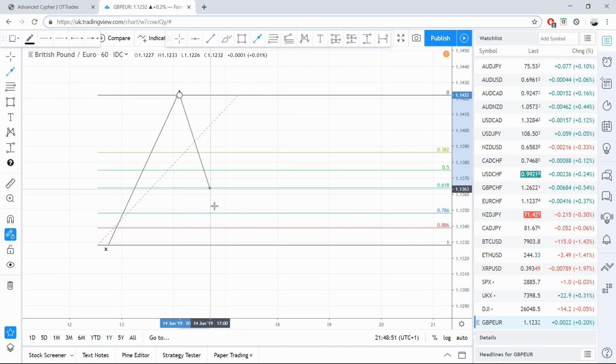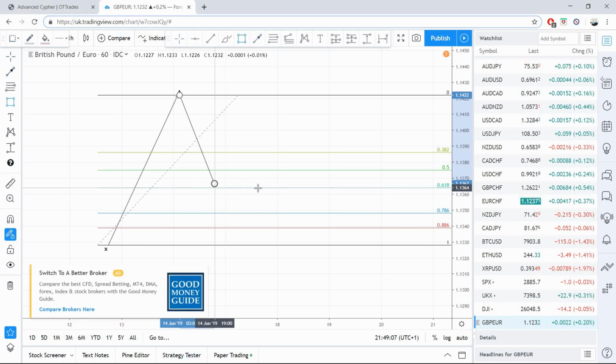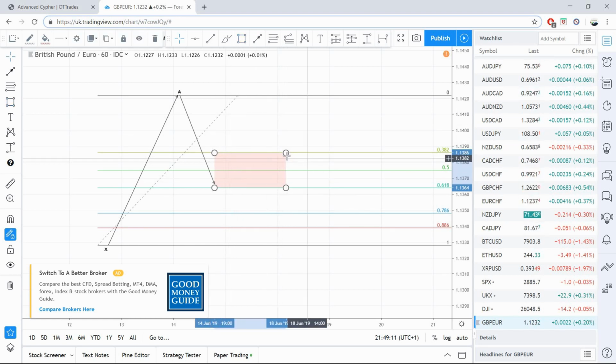However, the wick would be classed as the B point. So although the candle has exceeded that 618 level, its price has been rejected and it's retraced back above the 618 level. So we're looking for ideally a retracement into this red box here to form our B point.